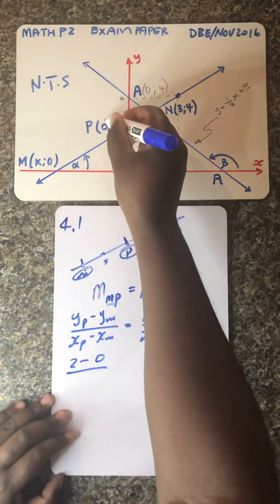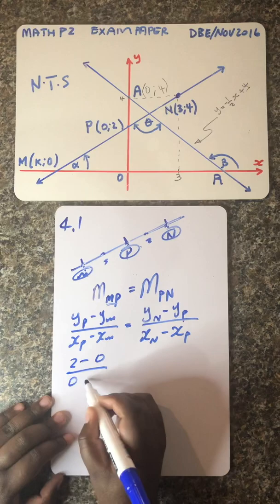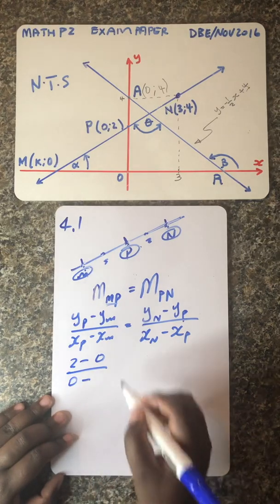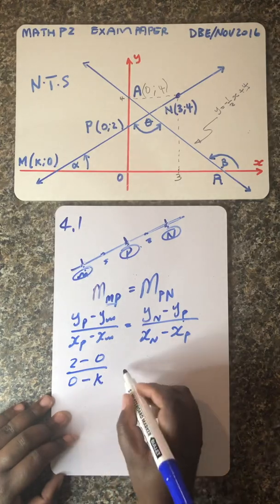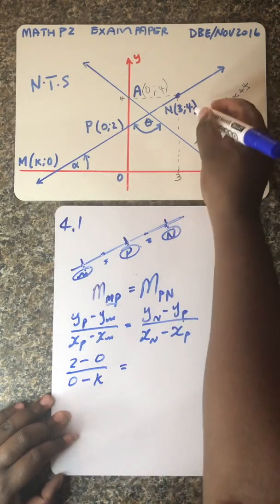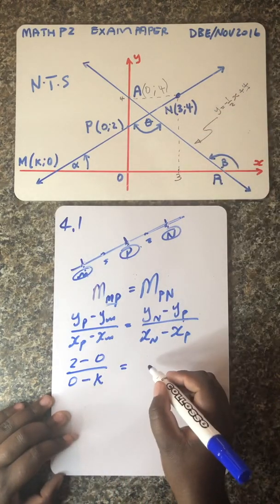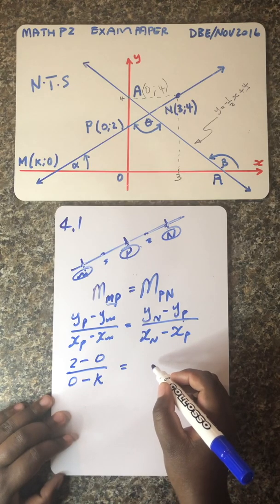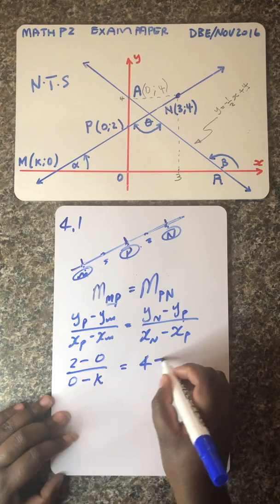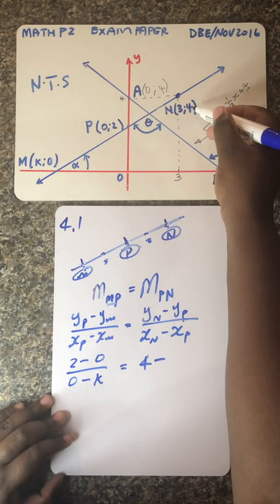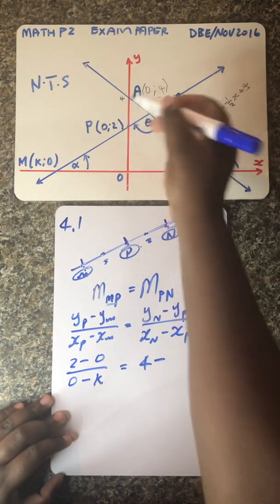Just look at P. This is the x of P, it's 0, minus what is the x of M? It's K. Okay, which is equal to y of N. Y of N is 4, minus what is y of P? It's equal to 2.